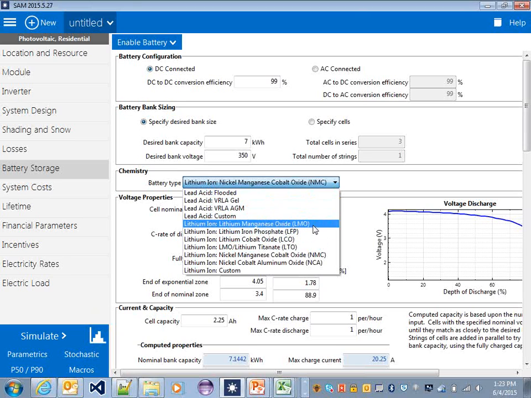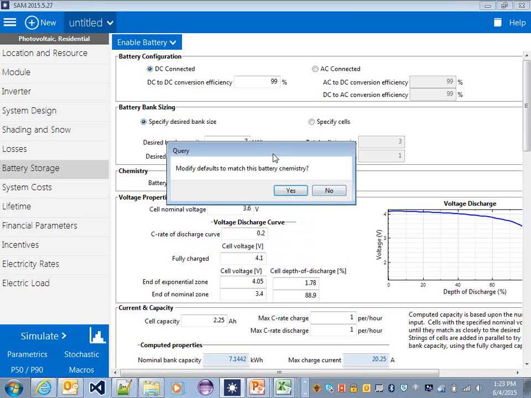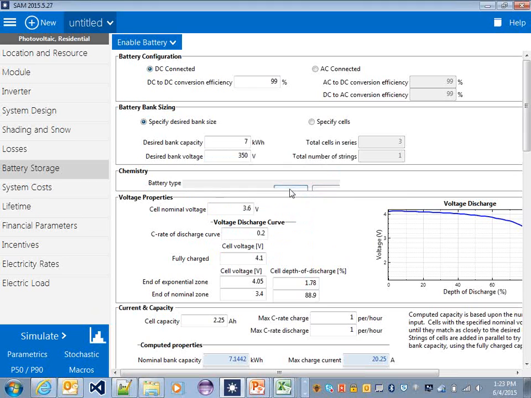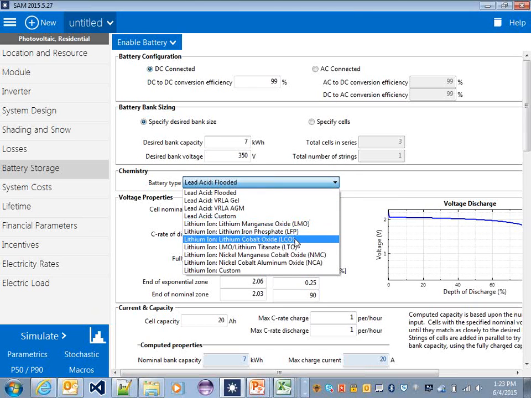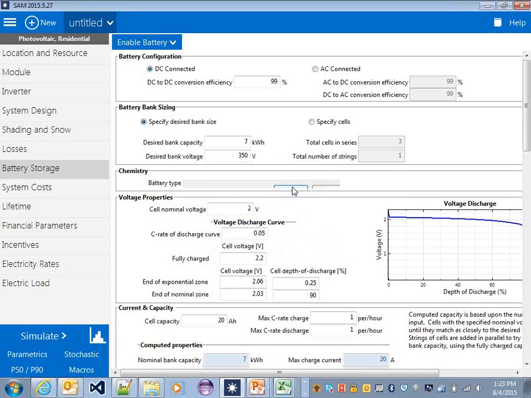Basically, selection of these changes default parameters that have been extracted from battery references. For instance, if I select lead acid flooded, it will ask me if I want to change the defaults to match, say yes. That just illustrates what this does.